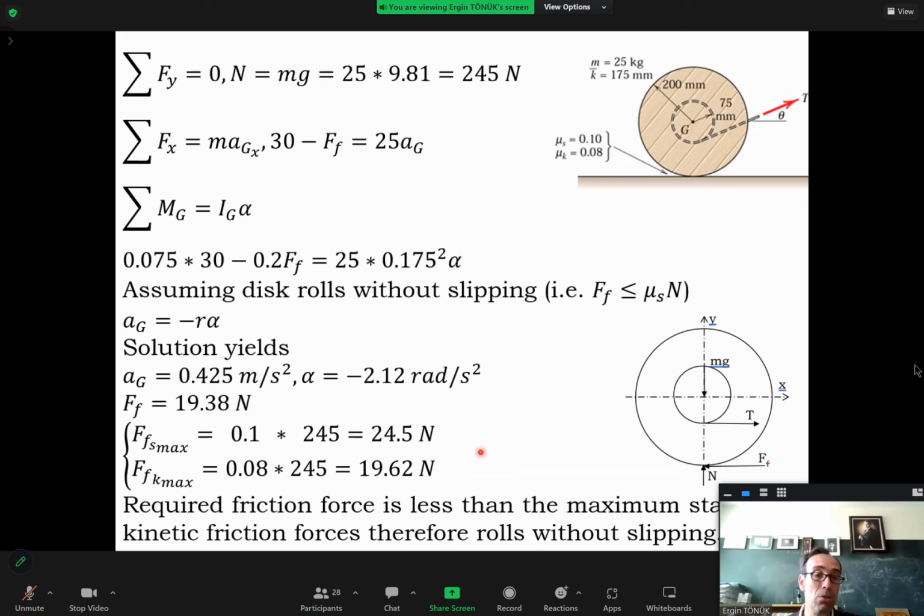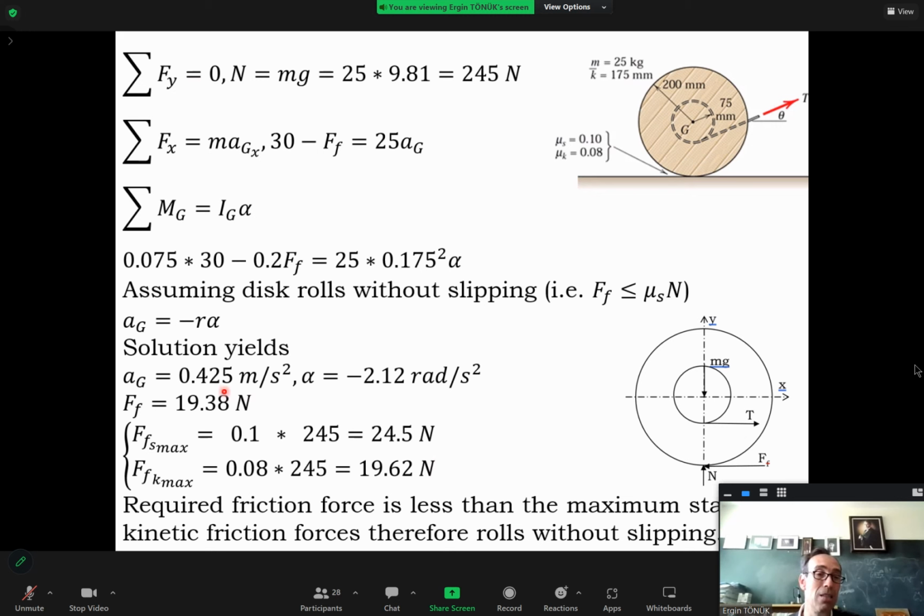If this number were in between, then if it starts from rest, it will roll without slipping. But if somehow it starts slipping because maybe you increase this T, then it will continue slipping.